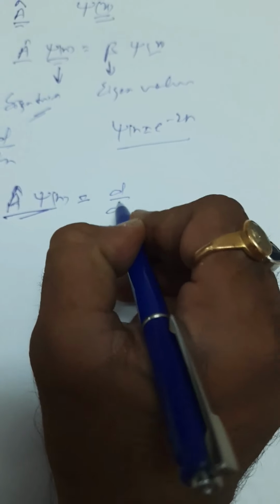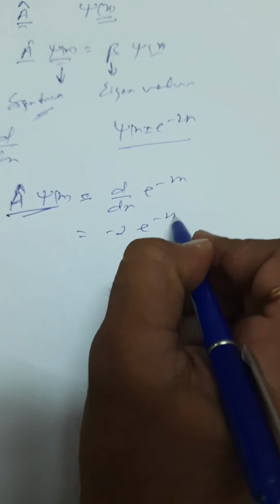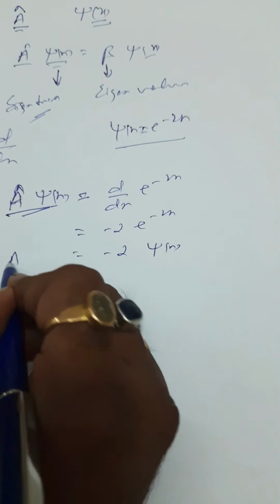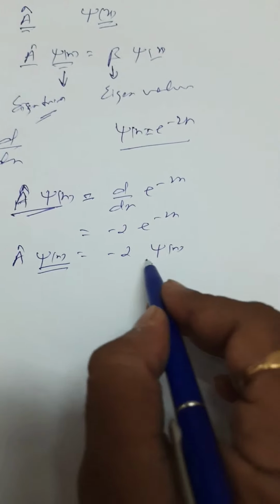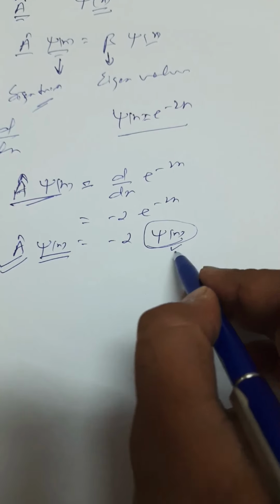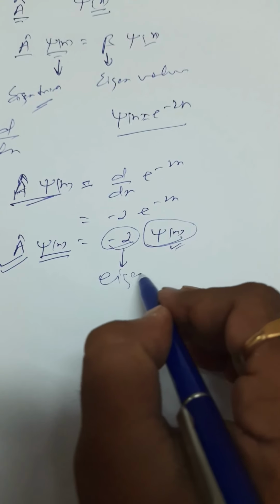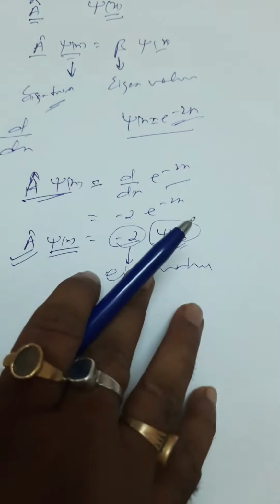We will get d/dx of e to the power minus 2x, which will be minus 2 into e to the power minus 2x, which is equal to minus 2 into psi as a function of x. So we see that after operating with the operator A cap, we get the same function multiplied by the constant term, which is the eigenvalue in this case, and this is an eigenfunction.